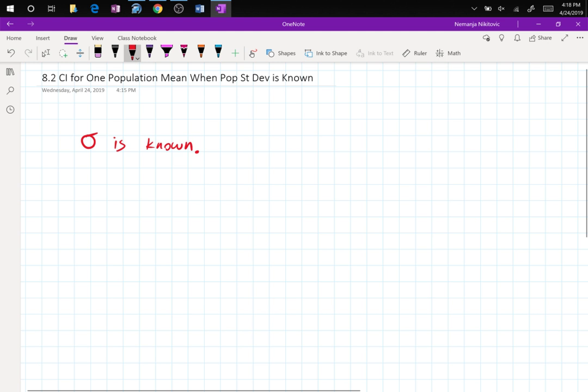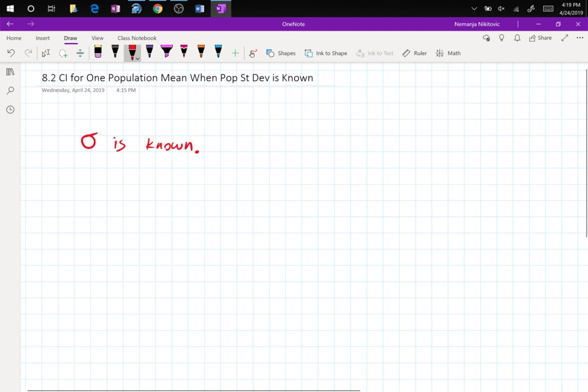All right, so what do we have in our calculation here? Well, we are going to construct the confidence interval using the confidence level, which would be a percent of how confident you are in your research and data and all of that.